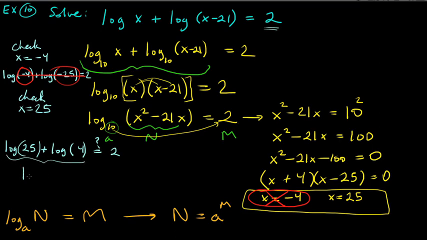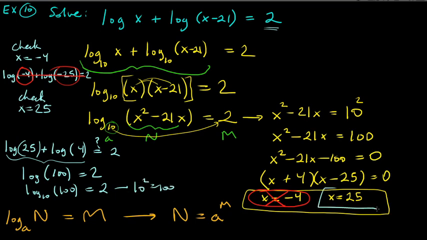The product rule says that this is the log of 25 times 4. 25 times 4 is 100. And the log base 10 of 100, well, there's two zeros, so this is equal to 2. Remember, 10 to the 2, not 2 to the 10, 10 to the 2 is 100. So 25 is correct.